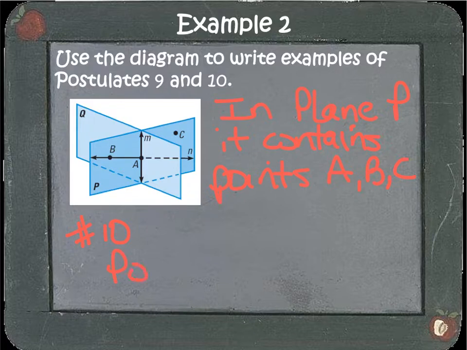So points B and A are on line BA. So we're going to pull points B and A because they're on the same line.